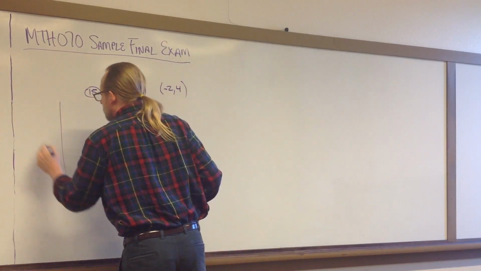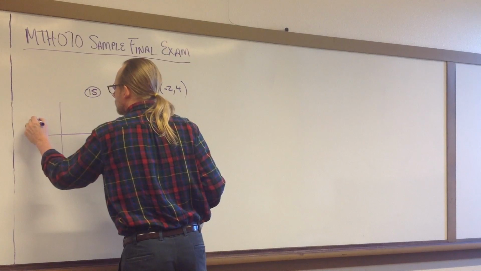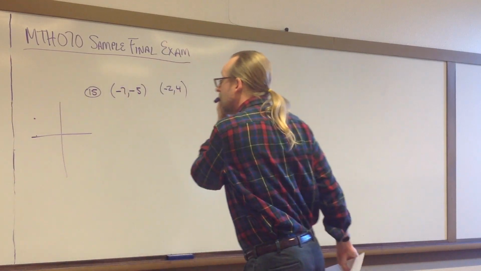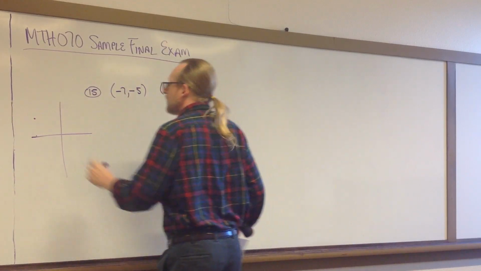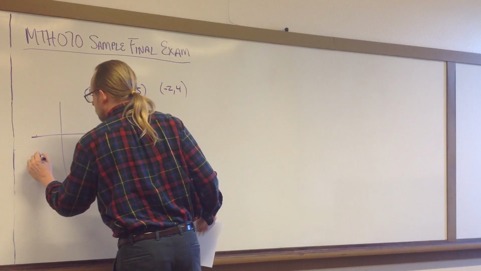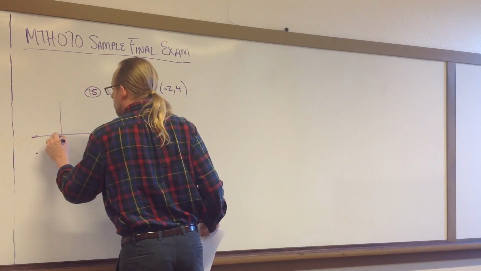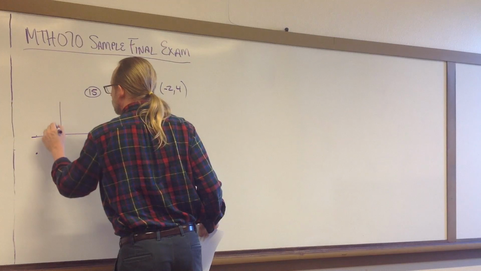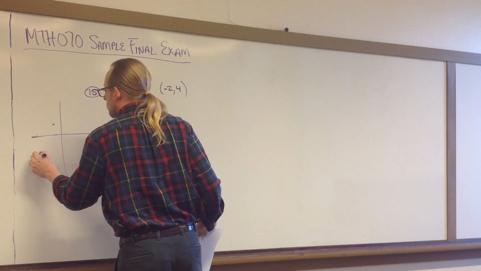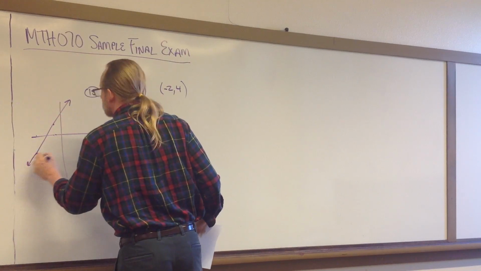So I'll draw a little picture over here. You don't have to draw a picture to graph the line. -7, -5 will be down here, and then -2, 4 will kind of be right there. So our line should look something like this.